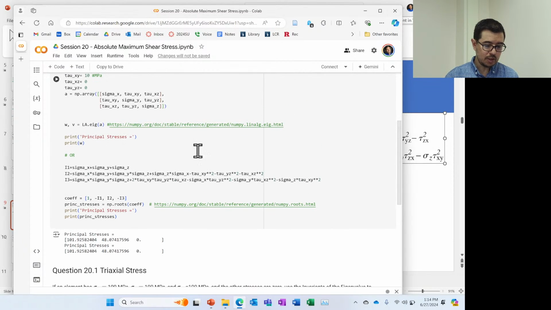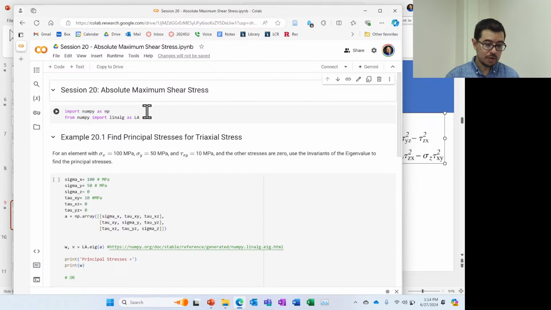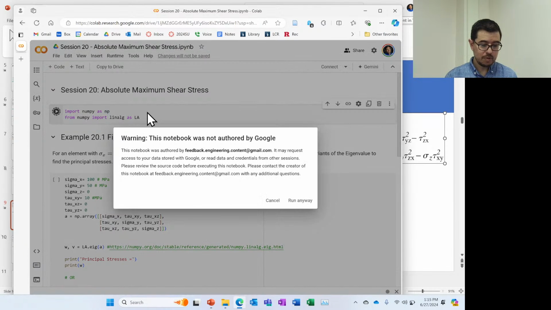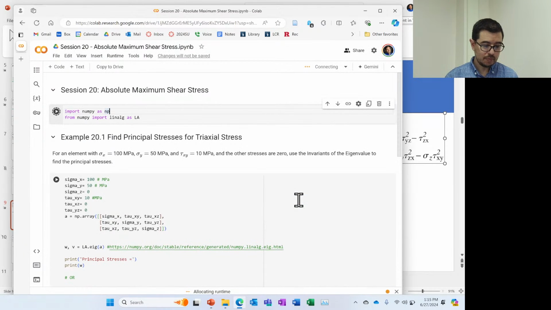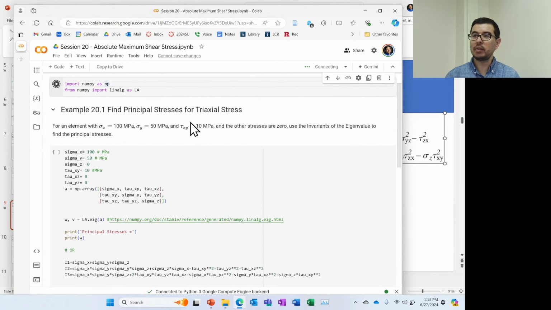Here it shows you how to run these problems, or this exact problem. First I just hit Control Enter here, and I go run anyway. Then we're finding the principal stresses for triaxial stress.